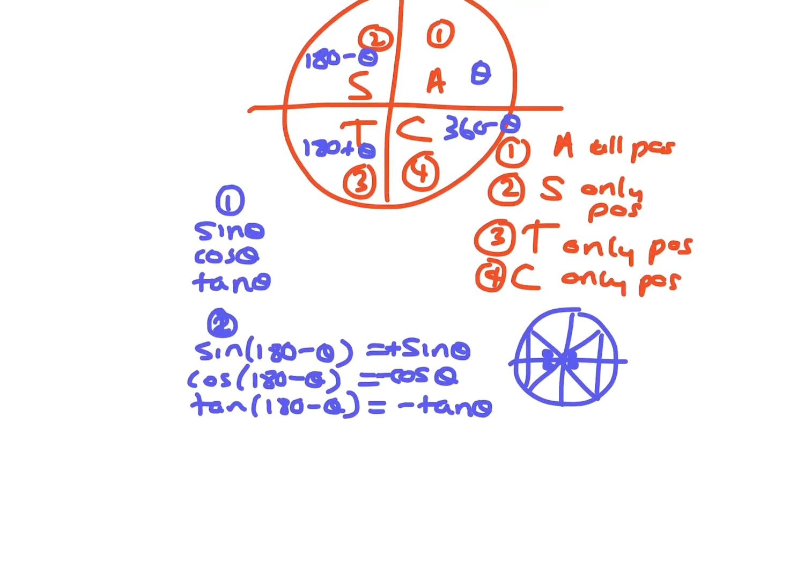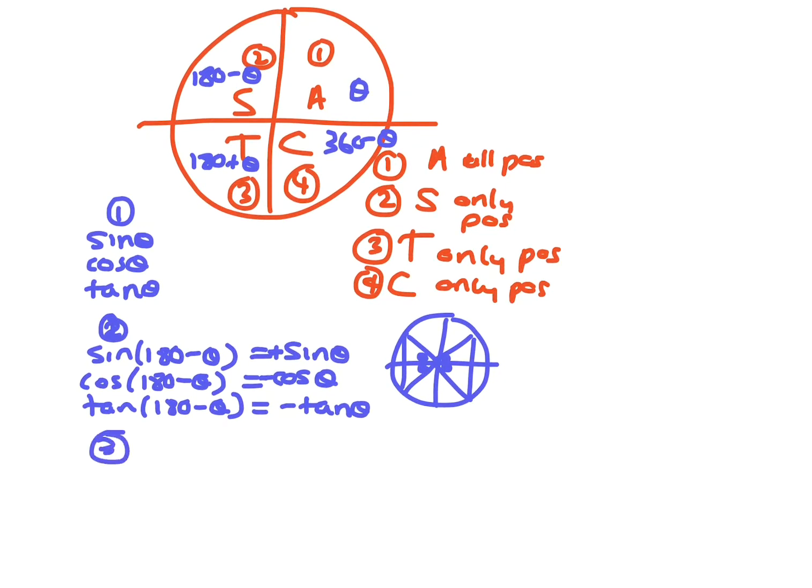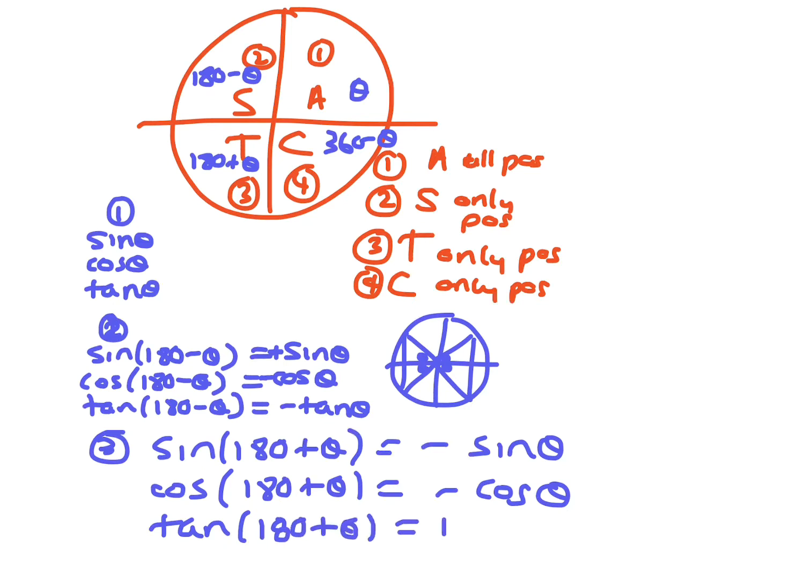If you look at quadrant 3, that's after quadrant 1 and quadrant 2. Quadrant 3, sine of 180 plus theta will equal negative sine theta. Cos of 180 plus theta will equal negative cos theta. And tan of 180 plus theta will equal a positive tan theta, because tan's the only one that is positive.